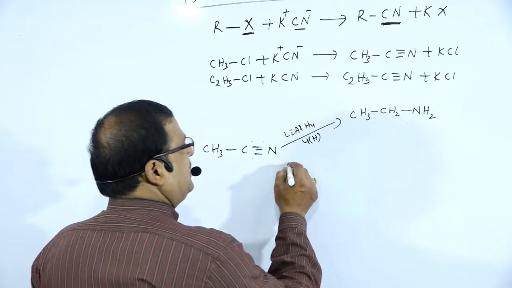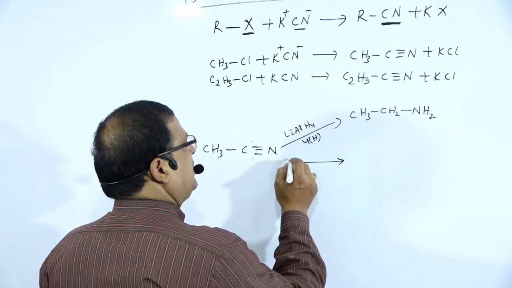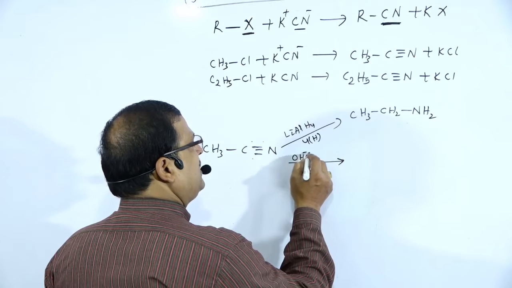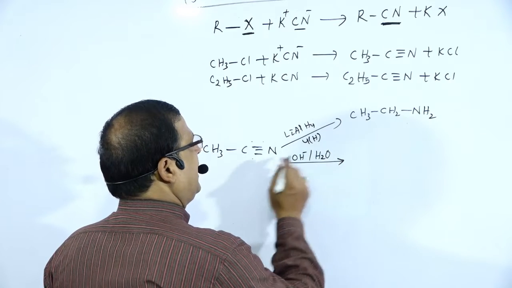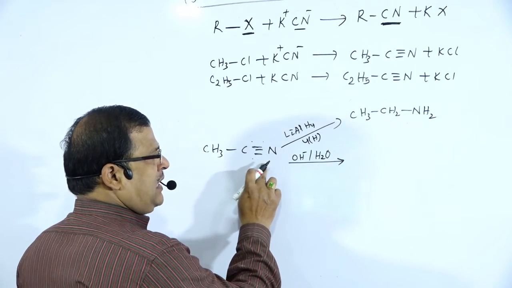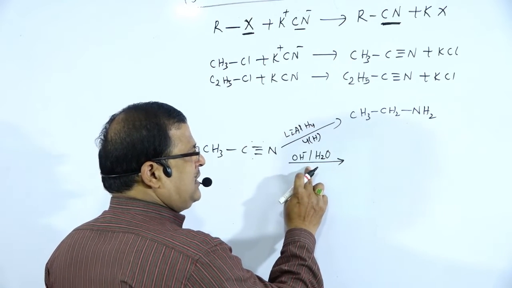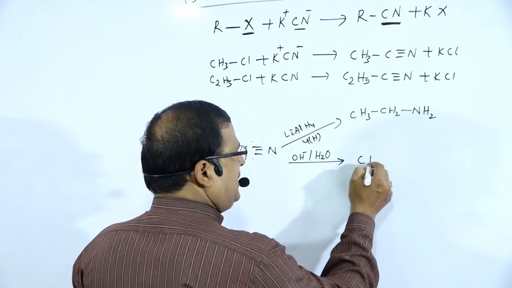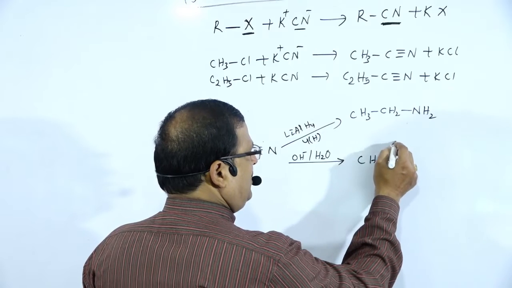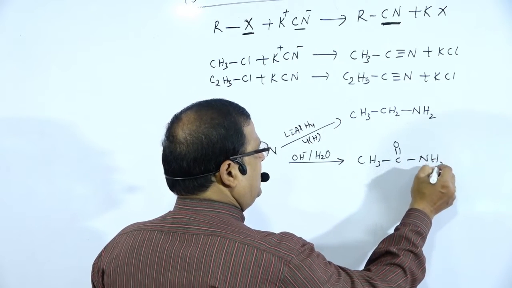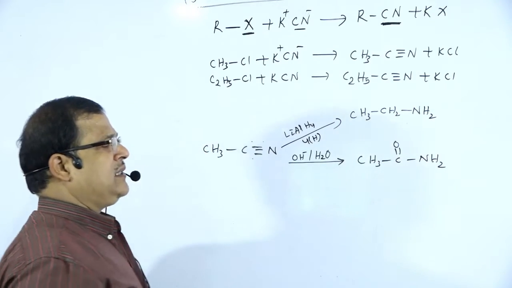In the same way, we will analyze the base hydrolysis of alkyl cyanide. Base hydrolysis gives the formation of CH3 C double bond O NH2, that is acetamide.